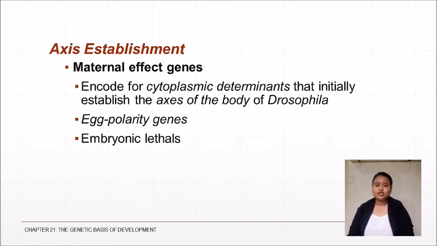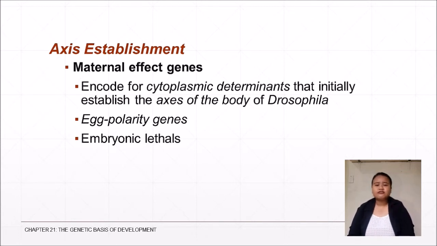These cytoplasmic determinants are encoded in genes named maternal effect genes. A maternal effect gene is a gene that, when mutated in the mother, produces mutant phenotypes in its offspring, regardless of the offspring's own genotype.